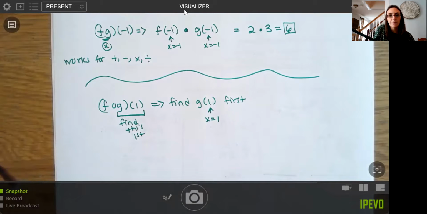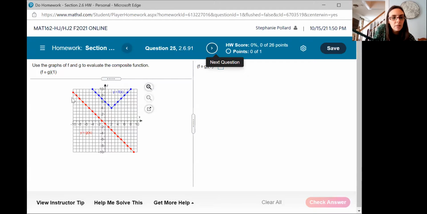So let's go back and see. My g function is the red one, and I have 1. When we're at 1, it looks like we're down at -2. So g of 1 is equal to -2, right? When the x value is 1 on the g function, our point is at -2. That's how I'm getting that value.